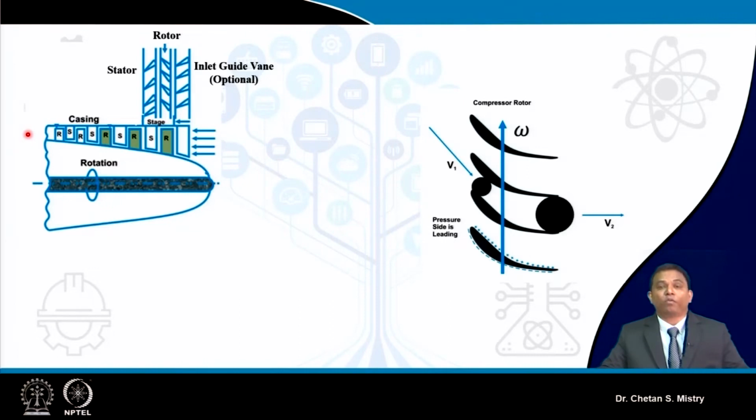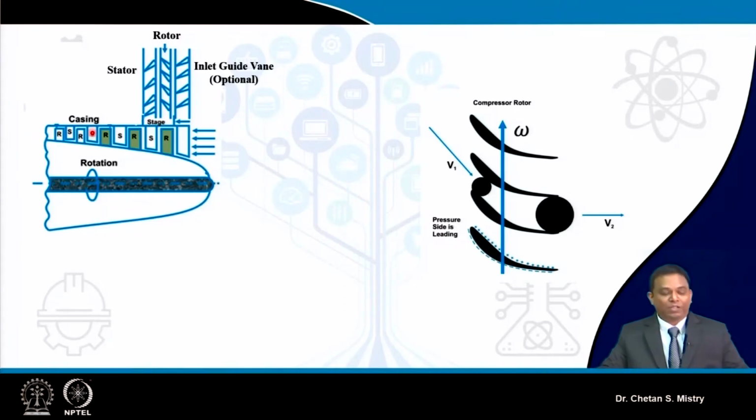For all flow devices, from our fundamentals, they must satisfy the continuity equation. So what is entering the flow device needs to come out. If that is the case, at the exit the density is going to be very high.